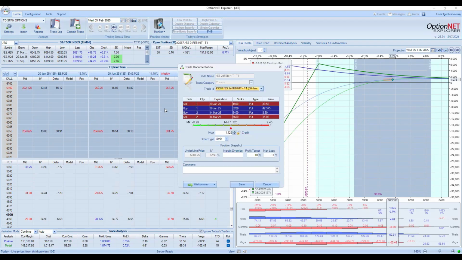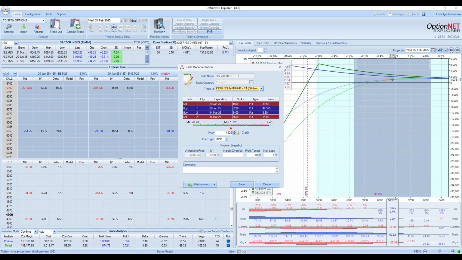And this gives me, earlier today. So now this adjustment is going for a net credit of, I don't know, maybe a 125, maybe a $1 credit.